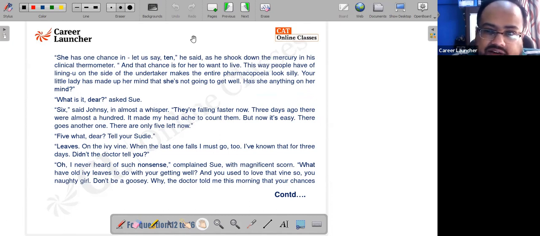Akshit, the third one is correct. Janvi, the first one has a different answer. Second one is correct. Third one is correct. Fourth one has a different answer. The fifth one is correct.